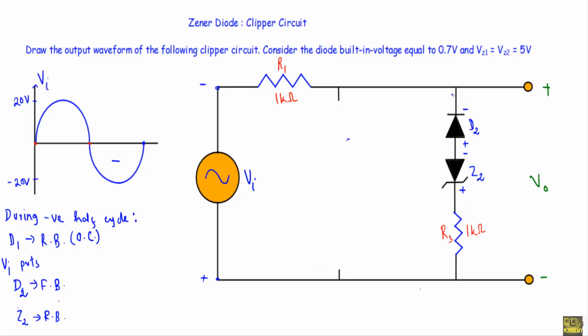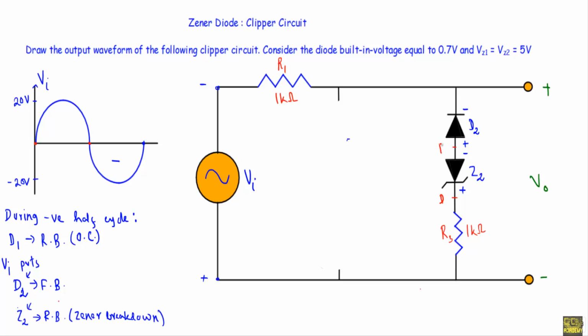Now see, if I want the current to flow through this branch, we have to keep the diode D2 in forward bias and the Zener diode Z2 in Zener breakdown region. Let's say this is our D point, this is P point.